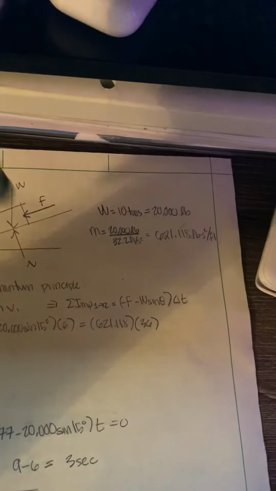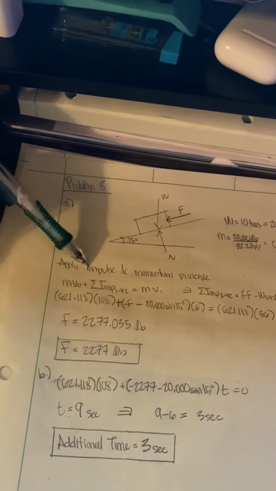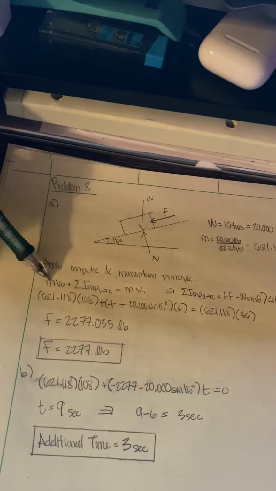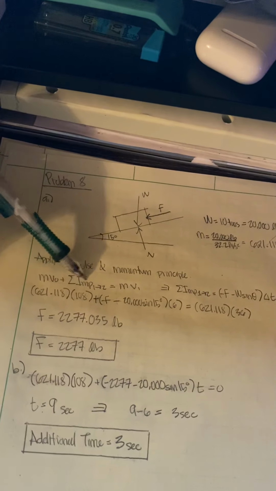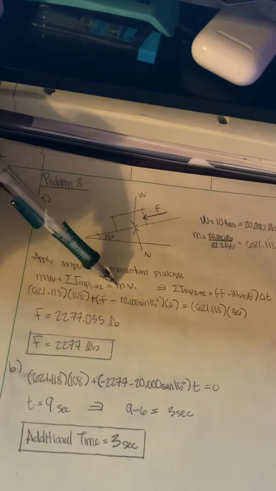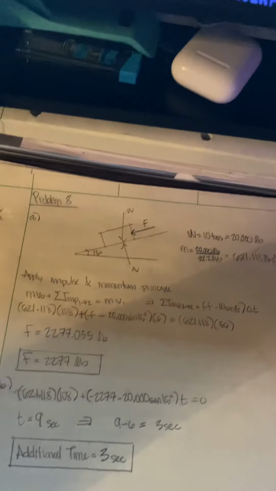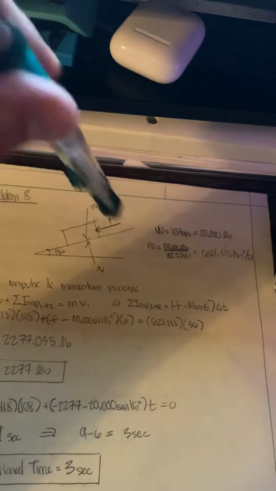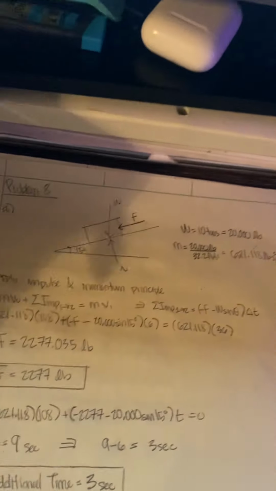Yeah, for our mass. And then the impulse and momentum principle is the mass of the truck times the initial velocity plus the impulse, which equals the mass of the truck times the velocity that it was reduced to. And then we get the impulse by taking the sum of forces in the x direction, which is this right here, times the time.